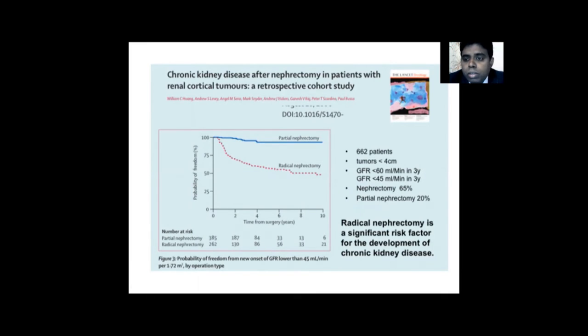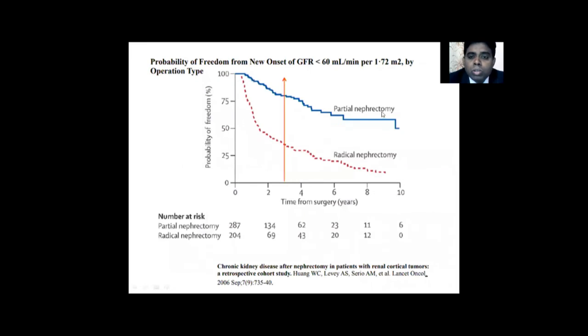It's proven beyond doubt that the incidence of CKD in the long run is more in radical nephrectomy. The probability of reduction in renal function is more in radical nephrectomy than partial nephrectomy. As in partial nephrectomy, we preserve a lot of nephrons, the incidence of reduction in renal function is minimal when compared to radical nephrectomy.